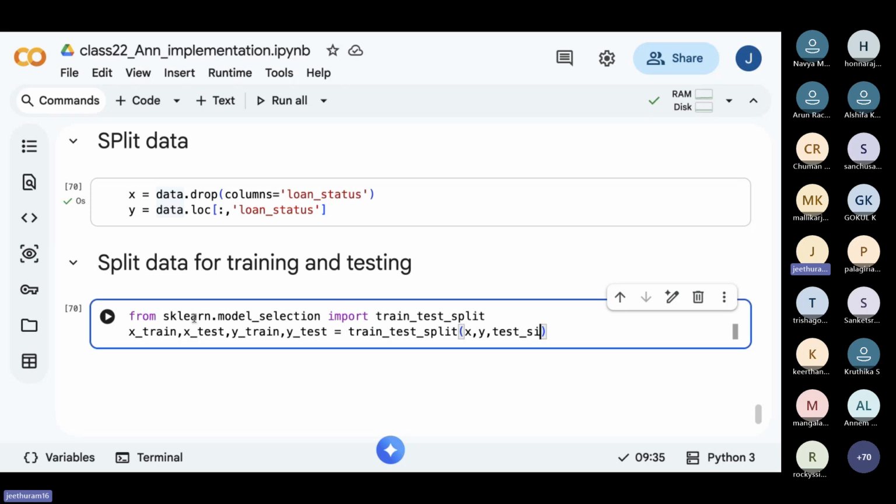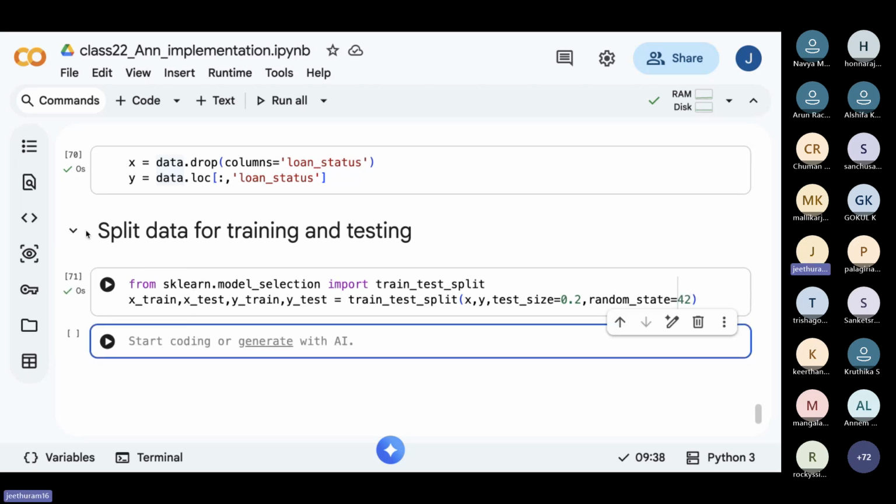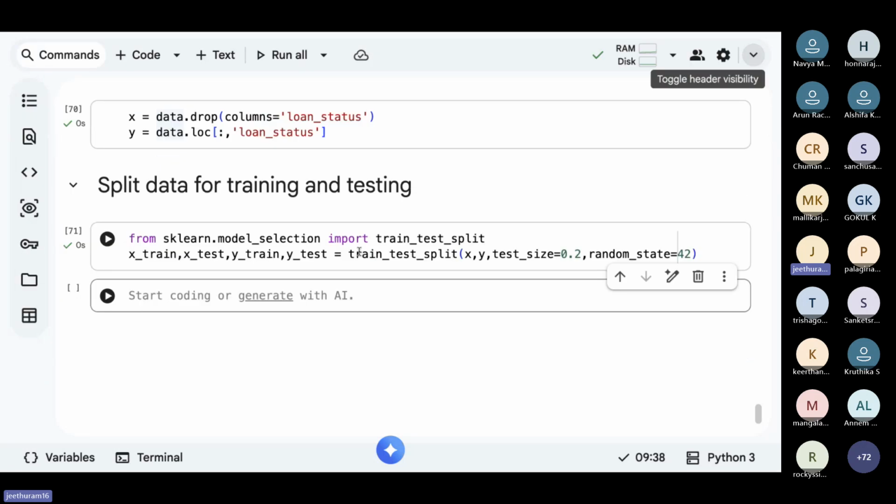You need to define a test size, which is 0.2, random state equals 42. This is how you split data for training and testing.